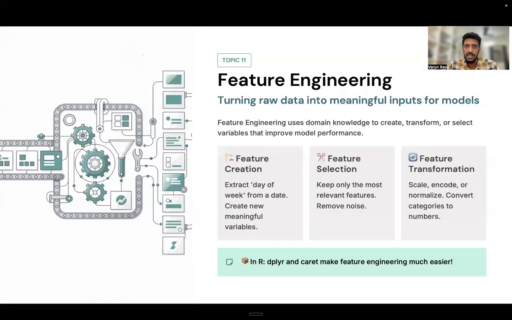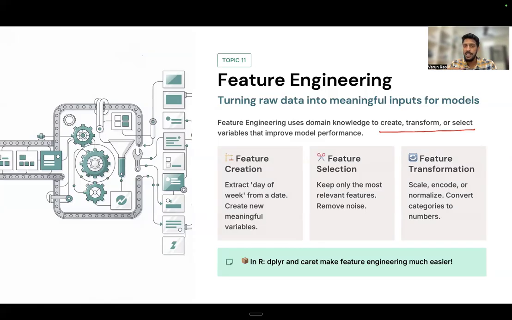Now, after this, you have feature engineering, wherein you're trying to present your raw data into the meaningful input for the model, right? So here, when you're talking of feature engineering, you would also be taking your domain knowledge into consideration, where you create, transform, or select variables to improve the performance.